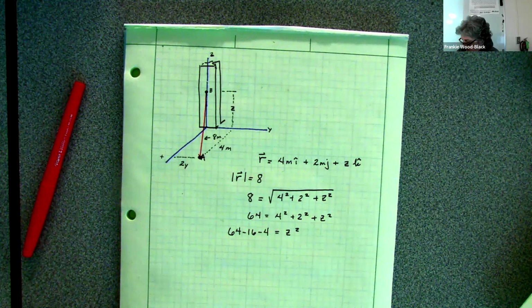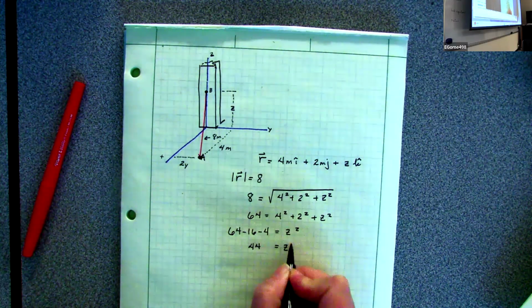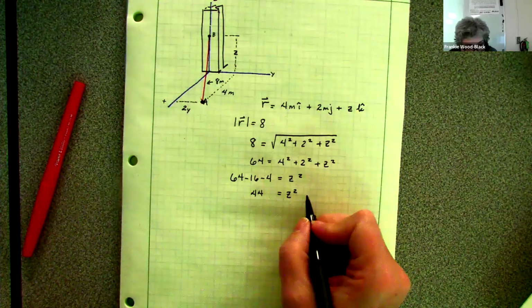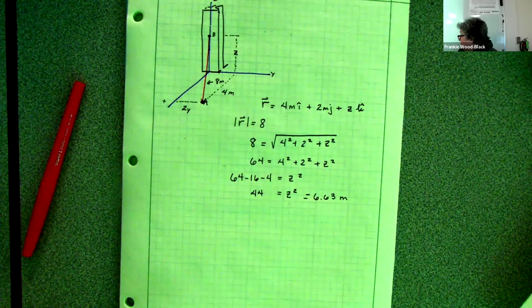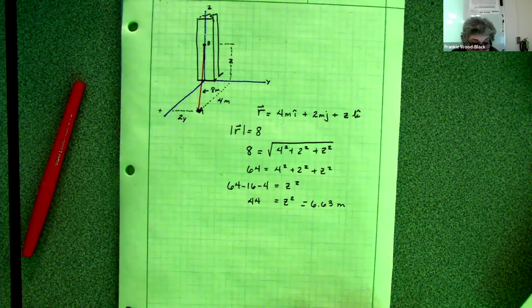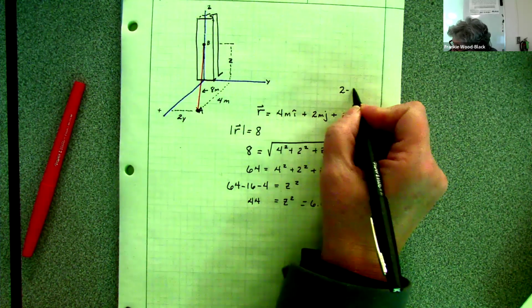If I've done my arithmetic right, but it's Friday, so you guys have to keep me honest. That's 44. I get that this is 6.63 meters. And this is question 290.